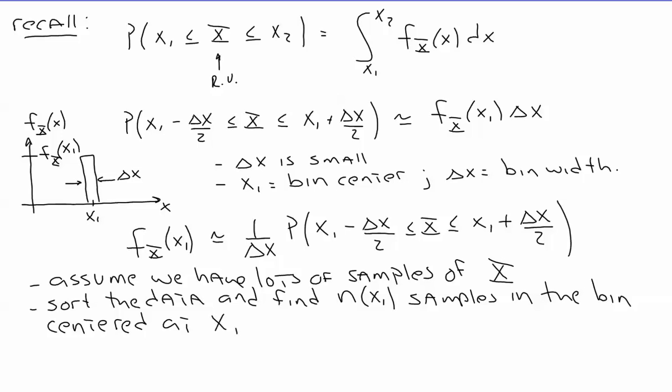All right? I'm going to assume we've got lots of samples of my random variable x, and I'm going to assume somehow that we sort this data and discover that there are little n samples in the bin centered at x1.